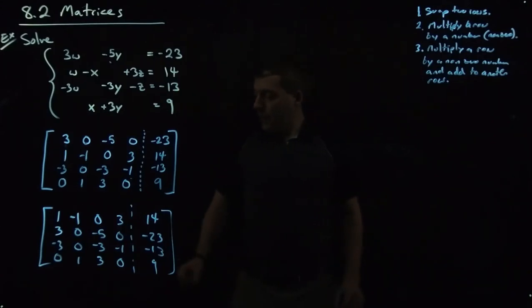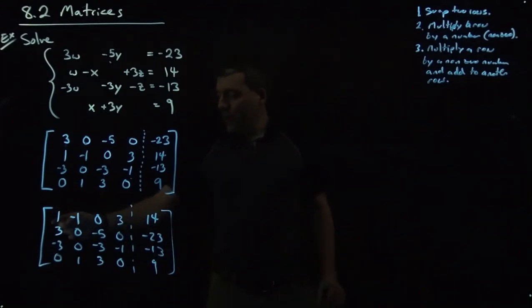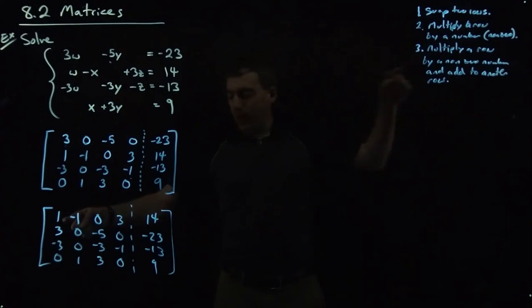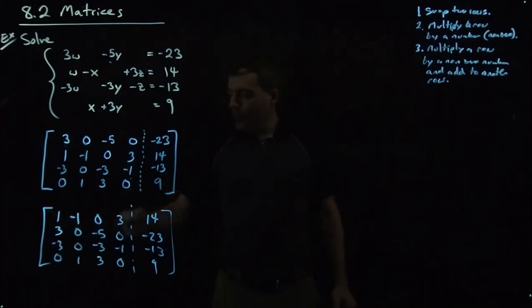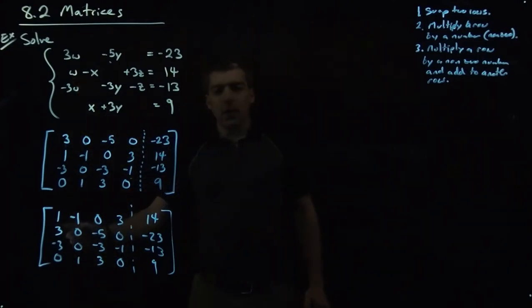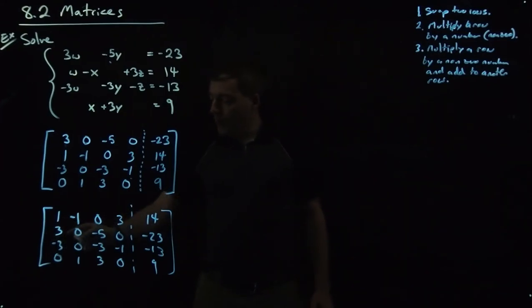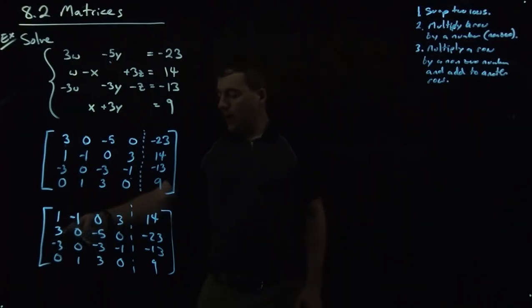All right, so now we have a 1 here, and this is advantageous because now we can use the third property. We'll just multiply this first row by whatever we need to eliminate the W coefficients from the entire column below it. So the second row here needs a -3.